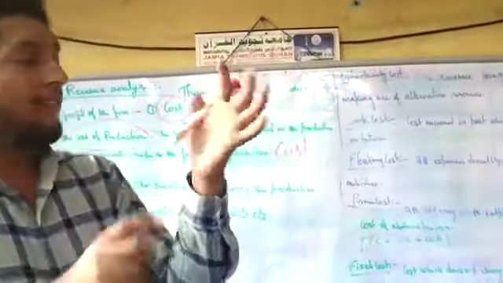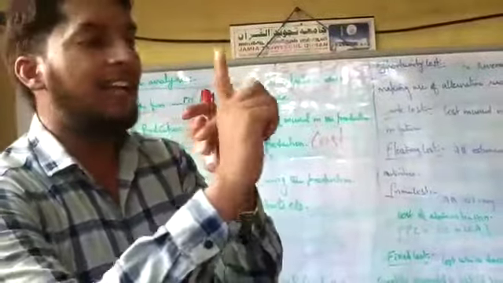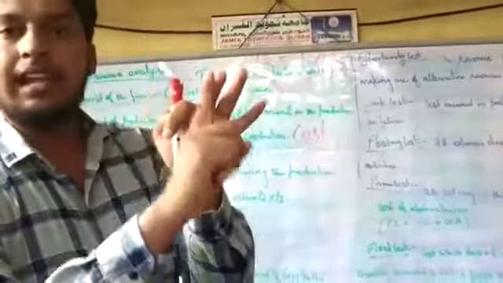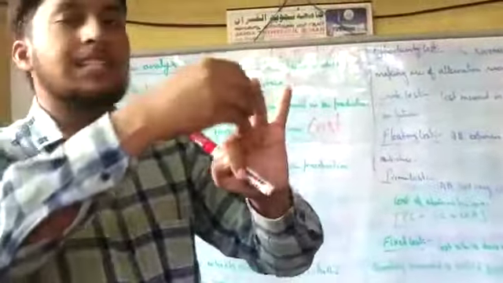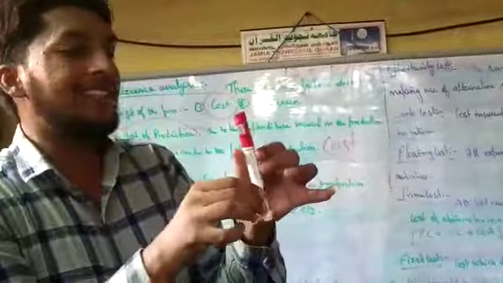For example, for making this, I had 4 expenses. Land, for which I pay rent. Labor, for which I pay wages. Capital, for which I pay interest, right? So all these things are known as money cost. So the money related expenses are known as money cost. So cost consists of wages, rent, interest and so on. All this is known as money cost.